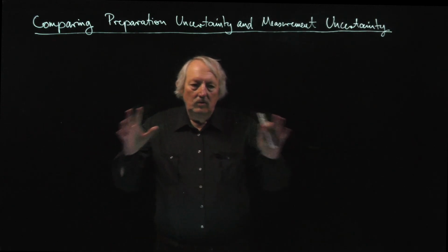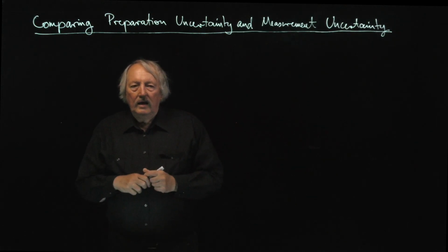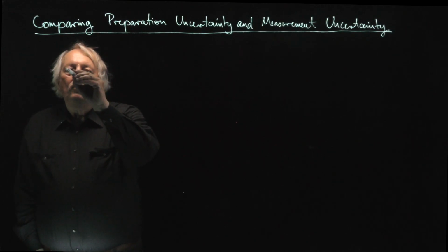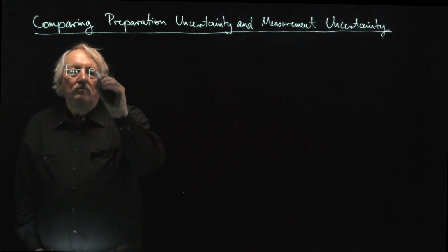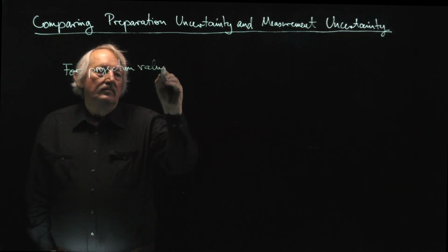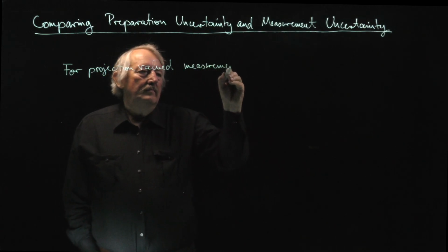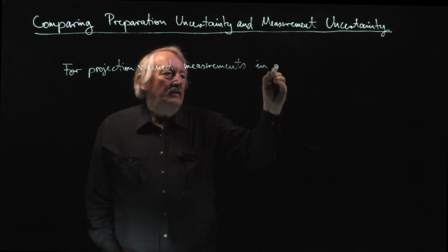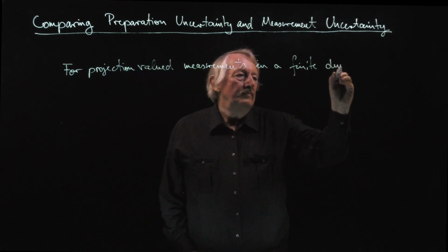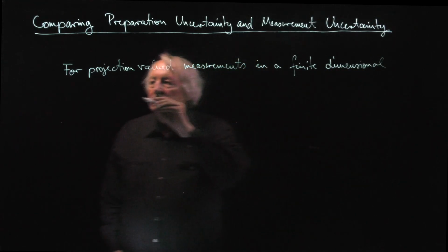So on the note of general comparison of preparation and measurement uncertainty, there's one general result actually, and that is for projection valued measurements in a finite dimensional Hilbert space.